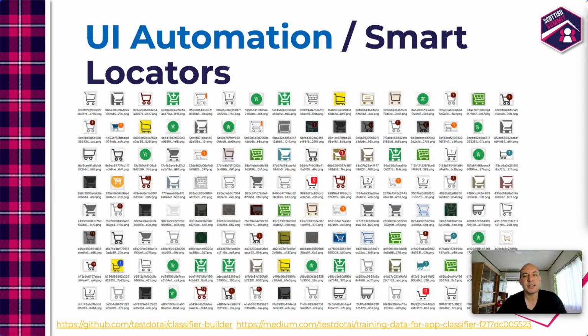For example, if we are testing an online shopping site, there would be some online shopping carts, and a basket icon or any similar icon can be used in lots of different applications or different websites. So we can train our model, and then in our website, of course, it tries to find the online shopping cart whenever we are performing our test steps.